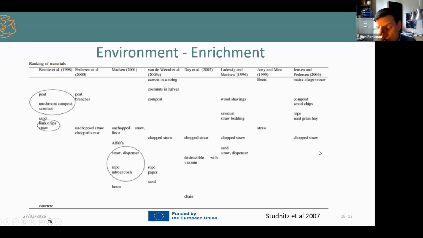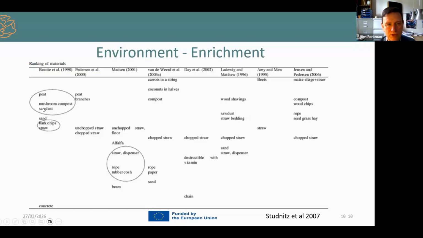If you want to look closer at what pigs actually prefer, there's a very good paper by Mette Studnitz and co-authors from 2007, in which they try to look at different studies comparing different rooting materials. And the circles here are materials for which the preference is not significantly different.